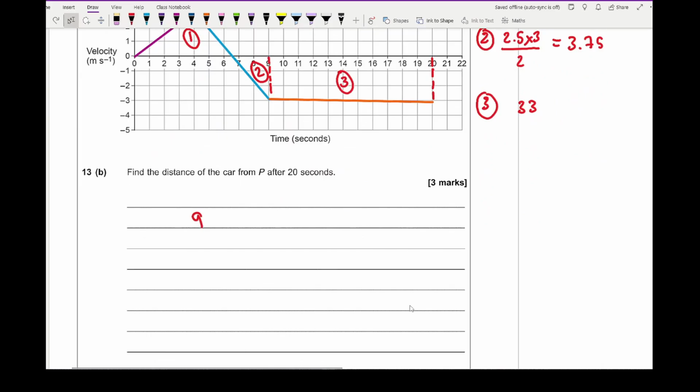So 9.75 subtract 3.75 subtract 33. And that gives us an answer of minus 27, and this value here is negative, which means it is 27 metres as a distance, and that will be a distance from P.